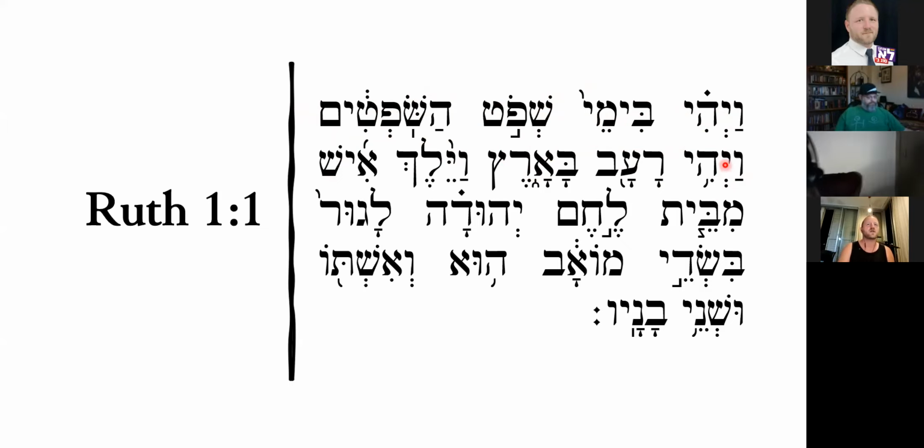The vav consecutive that follows the temporal establishment clause, this is establishing our timeline. And it happens so often in Hebrew that the opening line of a narrative is going to set the time. And then the next one is going to have vav consecutive that we don't translate in English, that we don't say and.